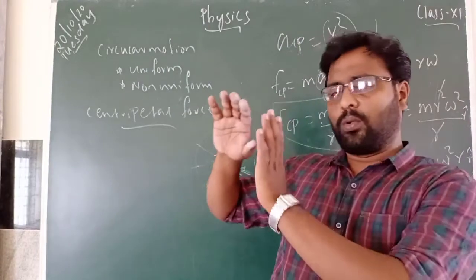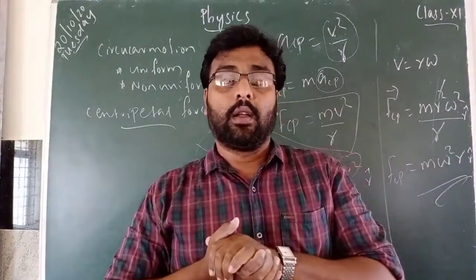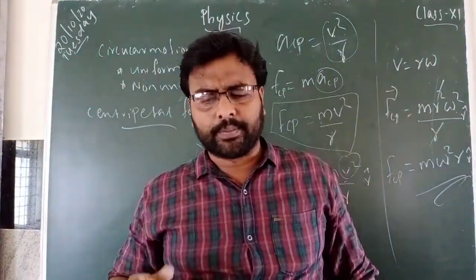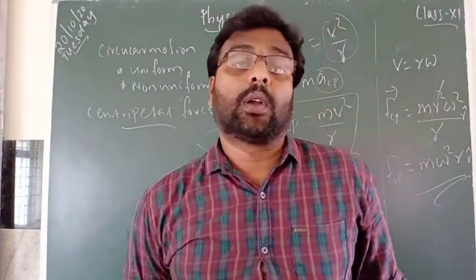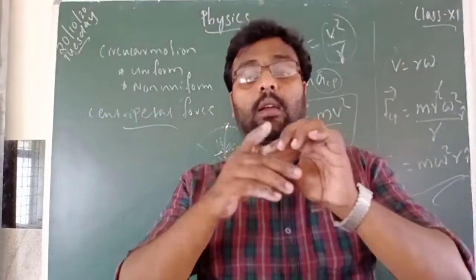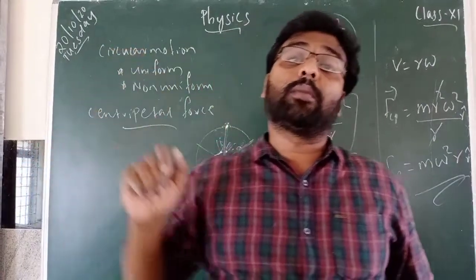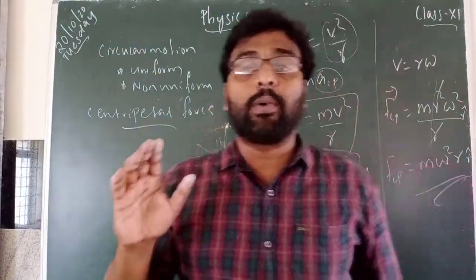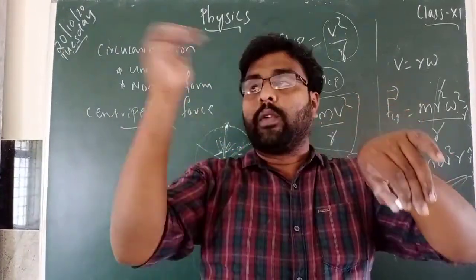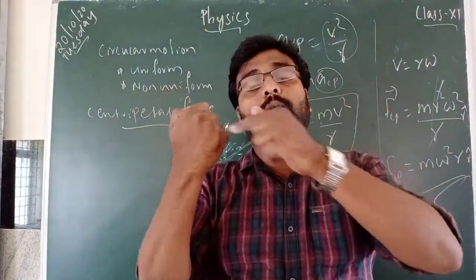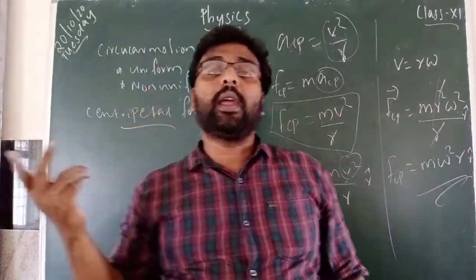How an object provides this centripetal force. For example, the first one, whirling motion of a stone. Whirling motion of a stone means you are tying a stone to a string and just rotating it. We know that during this whirling motion there is a centripetal force which is acting towards the hand, towards the center.